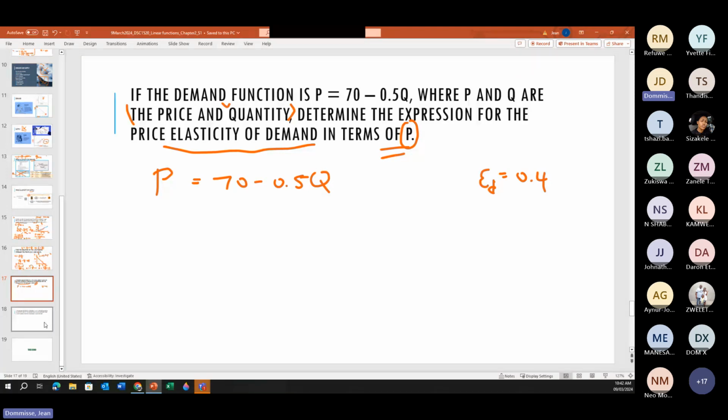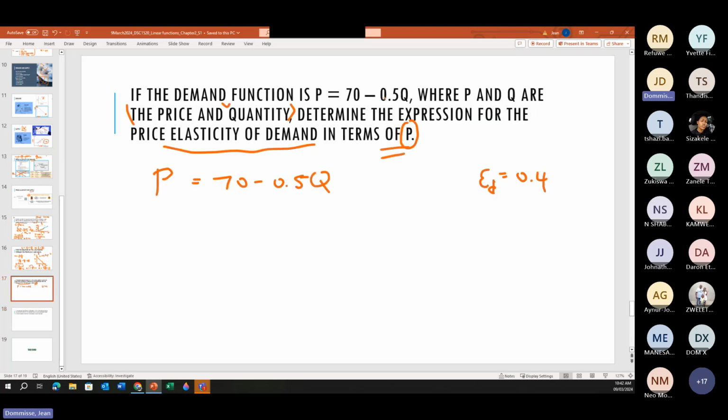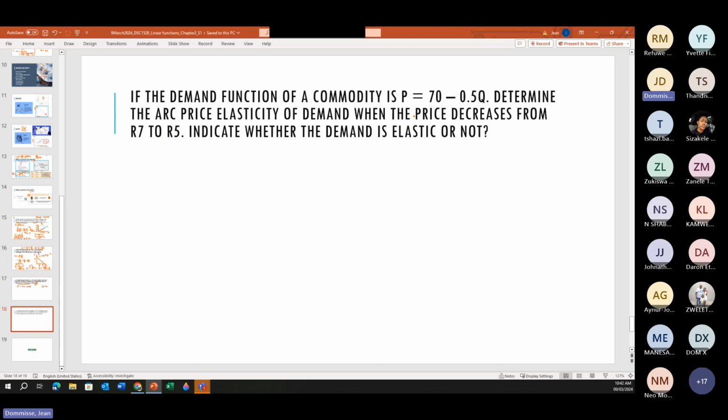Whenever they say that, see, in the next one, they don't say in terms of P. I think it's exactly the same equation. So not in terms of P, so here we will be able to work out something.